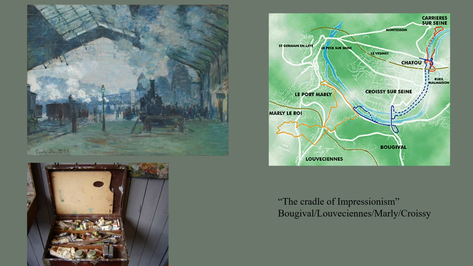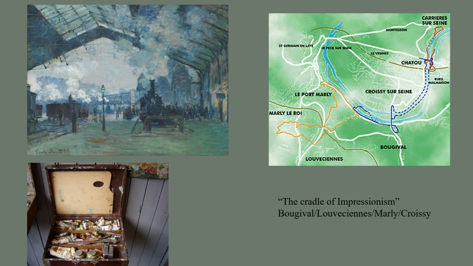And this is where they chose to settle, less than 20 kilometers from Paris. Even though the villages or hamlets had different names, Bougival, Louveciennes, Marly, Voisins, they are amalgamated together in a single district.